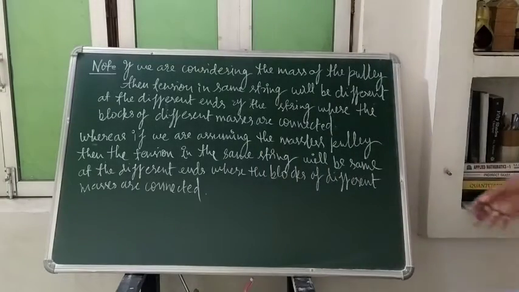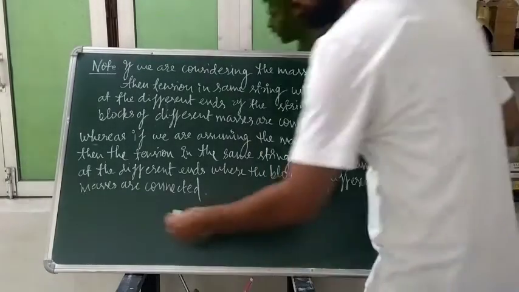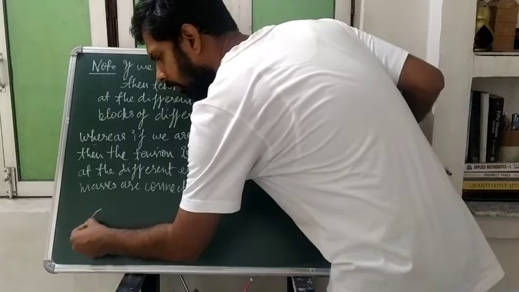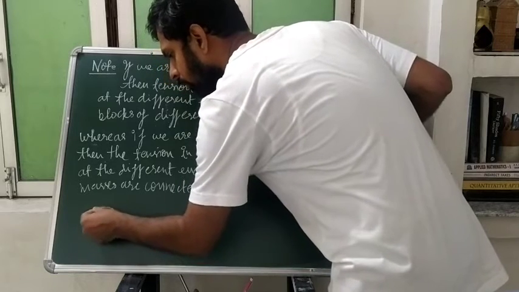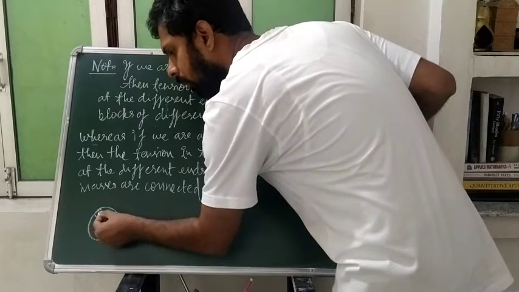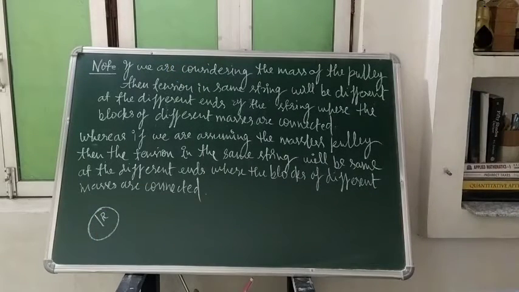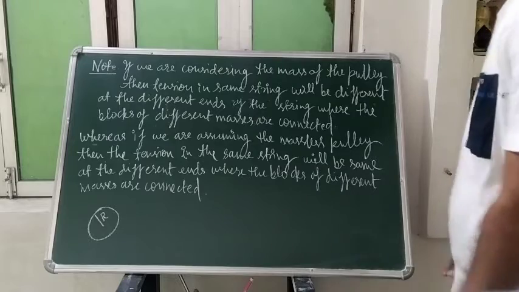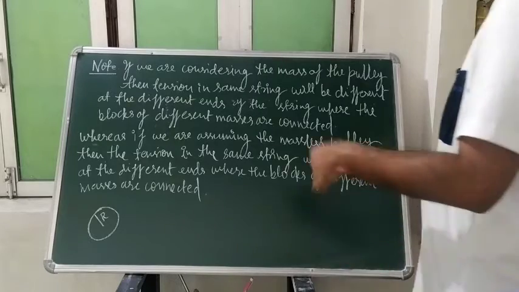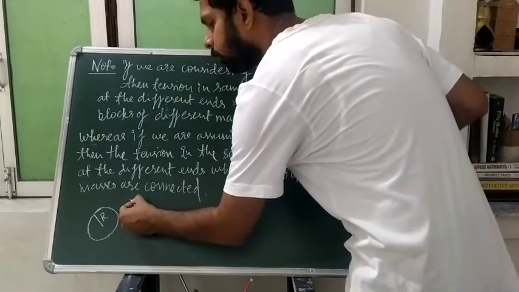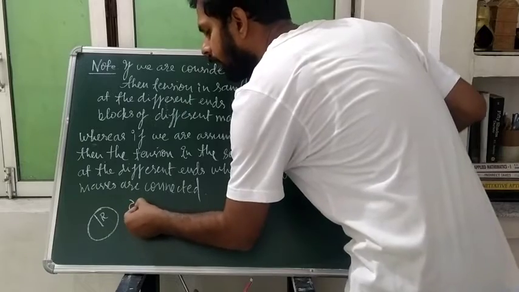Okay. So why is it happening, students? Suppose we are assuming a pulley here of radius r. What was the torque acting on that pulley at any time?